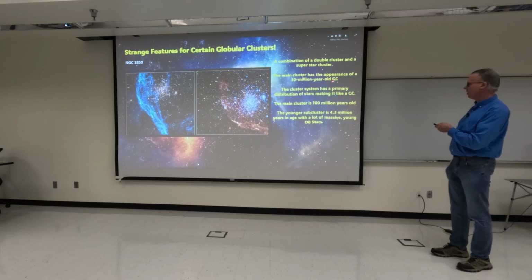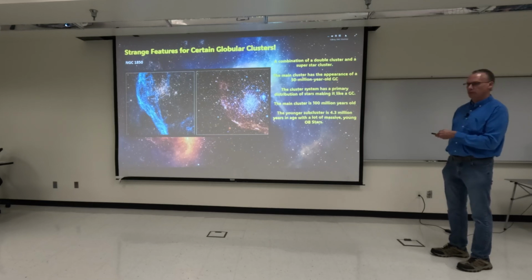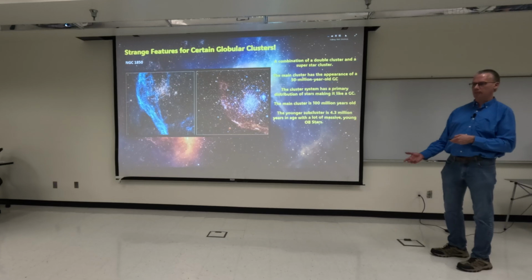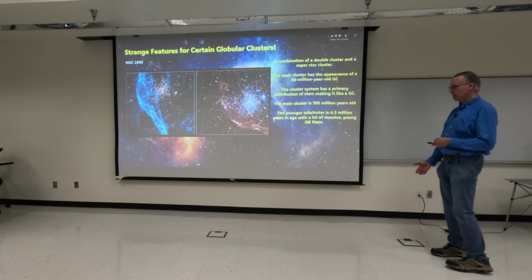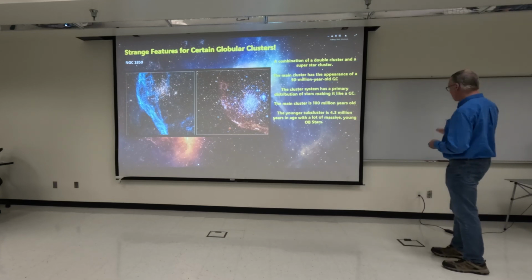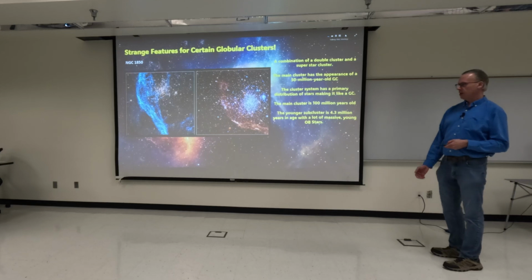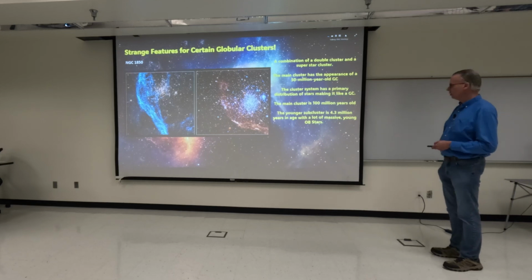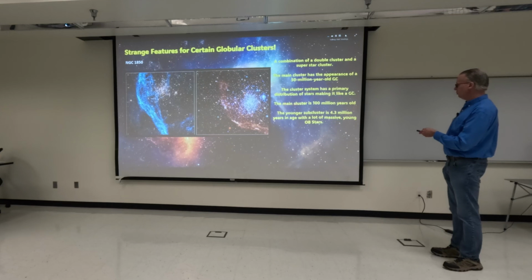It has the appearance of a 50 million year old globular cluster just by the distribution of the stars and the orbital motions of the stars, because they can extrapolate theoretically, just looking at globular clusters from galaxies hundreds of millions of light years away, what globular clusters would look like over many, many millions of years. But based on the spectra, the cluster itself looks like it's only 100 million years old. So it's a very bizarre looking object.